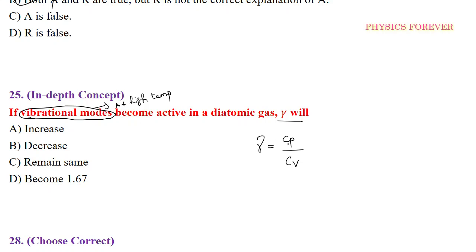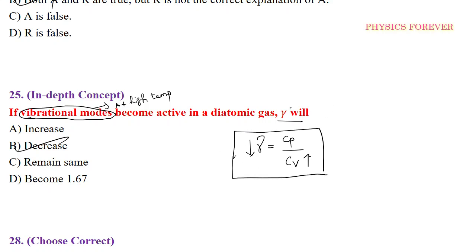At high temperature, the specific heat capacity at constant volume increases, so this ratio decreases. B is correct. You can work it out yourself, or we have to remember those cases.